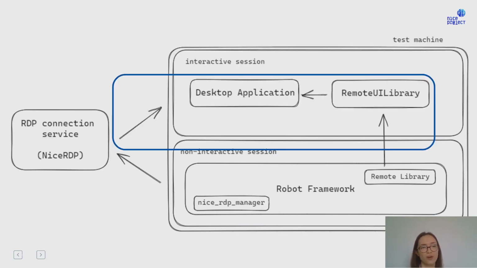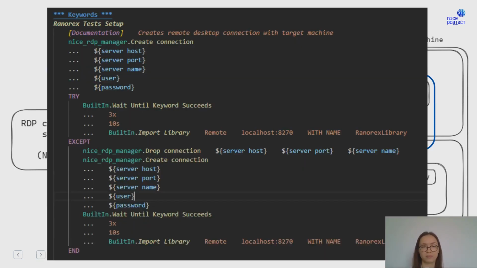As you may recall from the architecture explanation, when the RDP session is initiated, the task in the task scheduler is triggered. This task launches the remote UI library on the remote server. But how can we ensure that the remote UI library is successfully started? For example, we can use a retry mechanism with a try except clause.